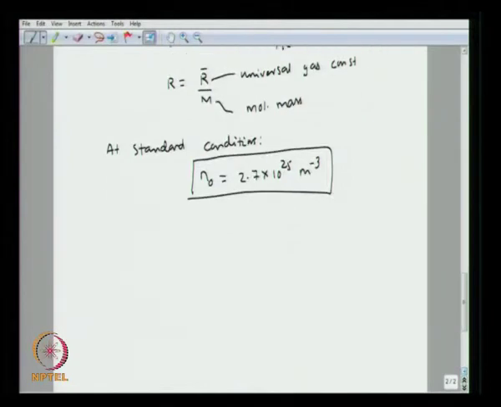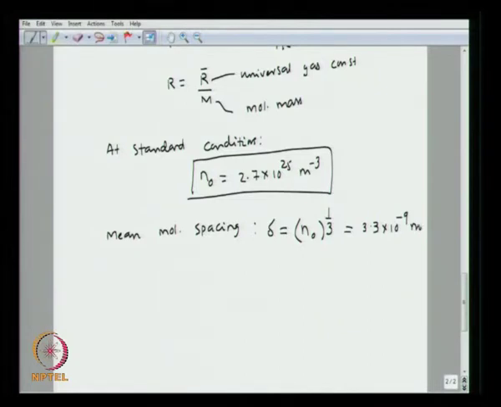We can find the mean molecular spacing, which will be the cube root, so δ = N0^(-1/3), which is equal to 3.3 × 10^-9 meter.